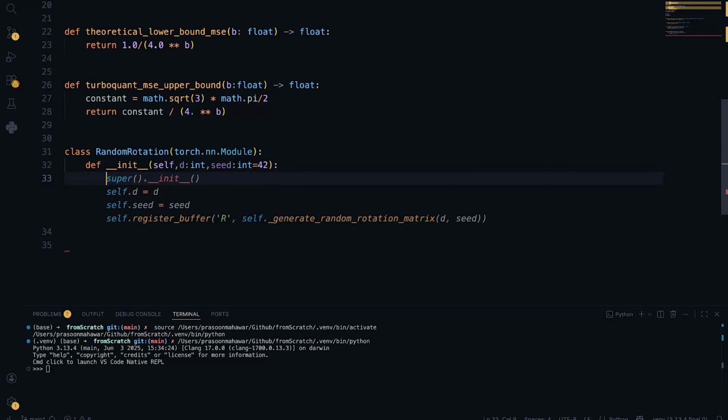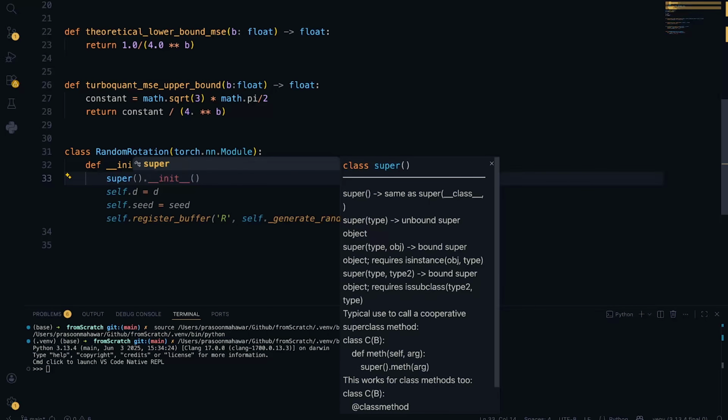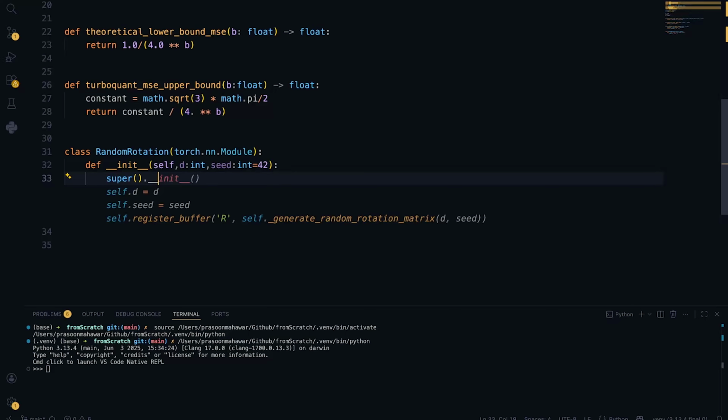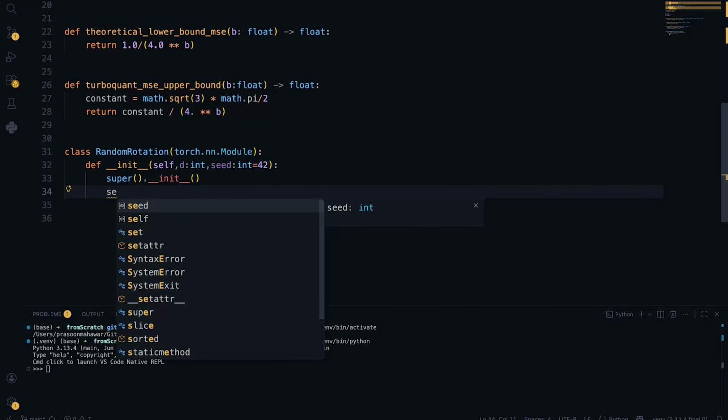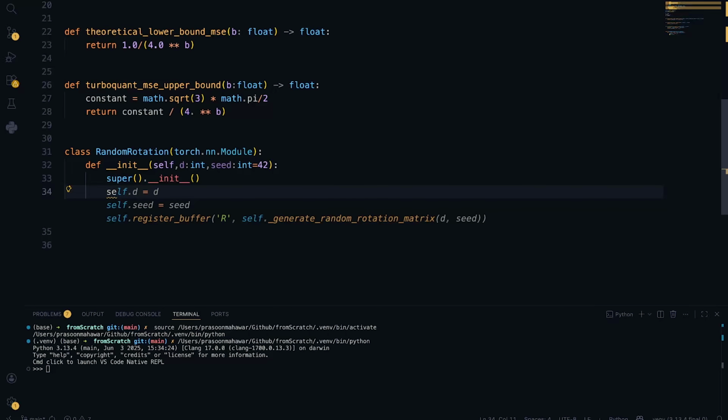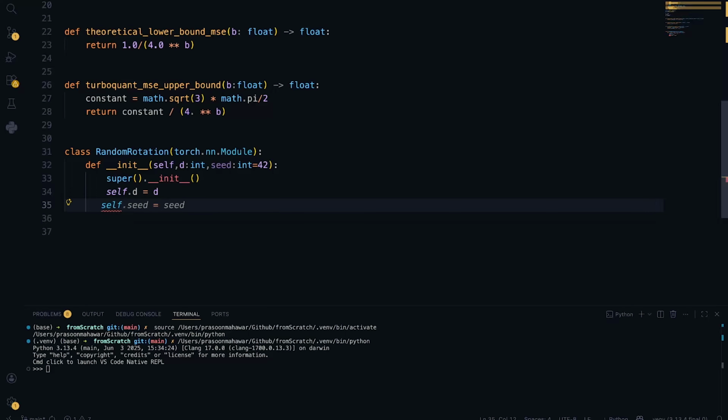Inside this we will first call the constructor or initialize method of the super class. So init, AI is already auto completing everything. Self.d, that is fine. The second thing will be self.d_pad equals 2 to the power of math.ceil, correct.